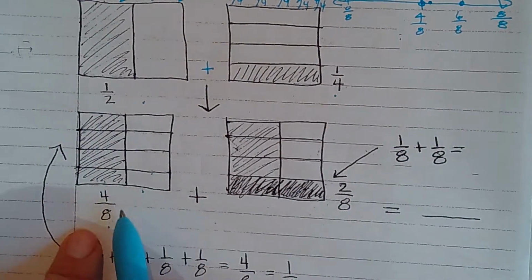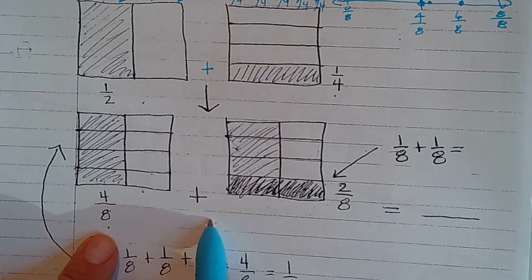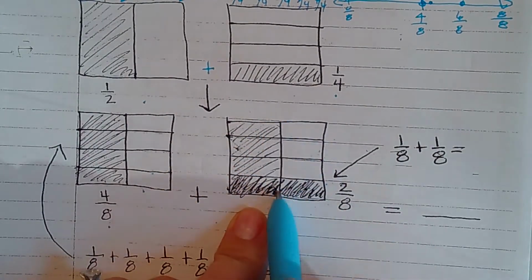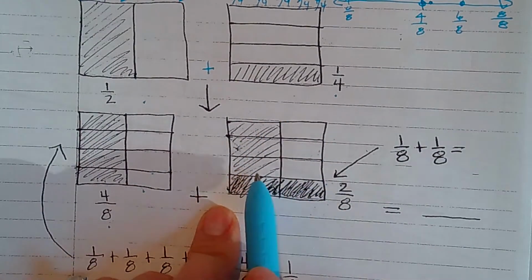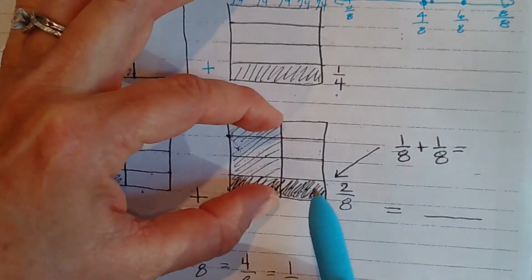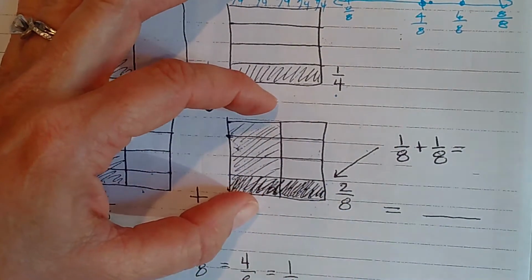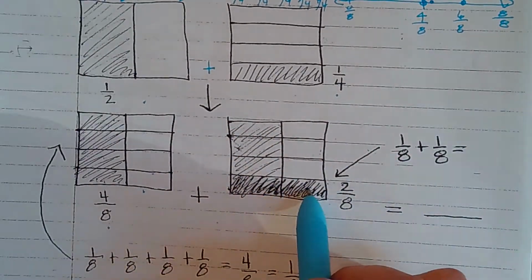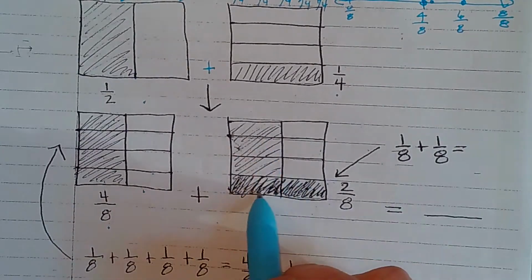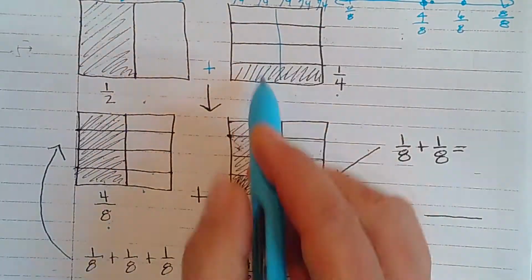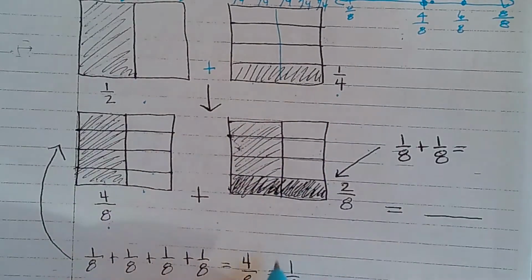All right, so now I have 4/8, and I'm going to add it to my 1/4 that I now have divided in 2. It's like I essentially have moved this over here and combined it. So now I notice I have 1/8 plus 1/8 is 2/8. I divided it in half, and I have 2/8, right?